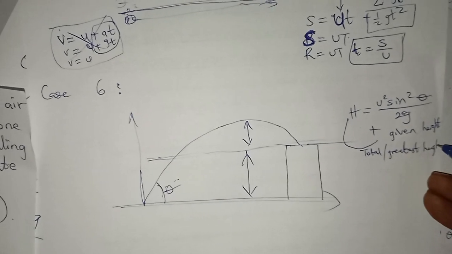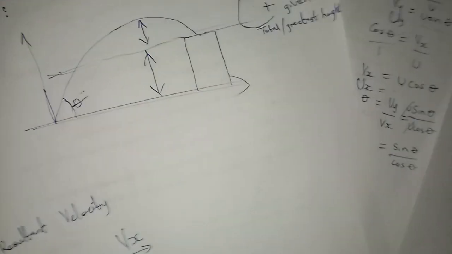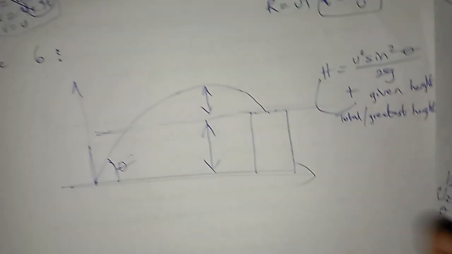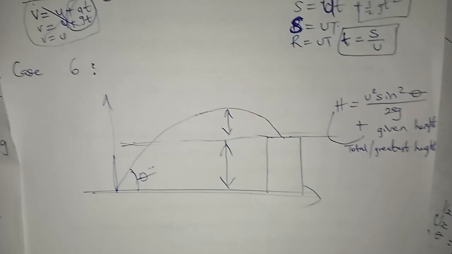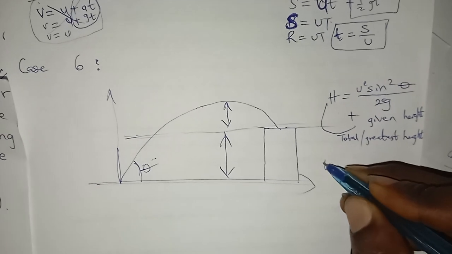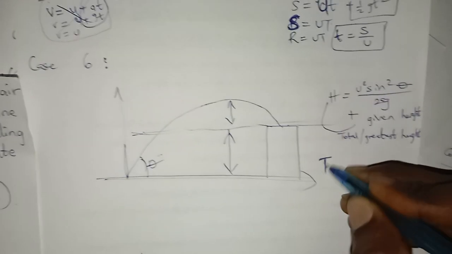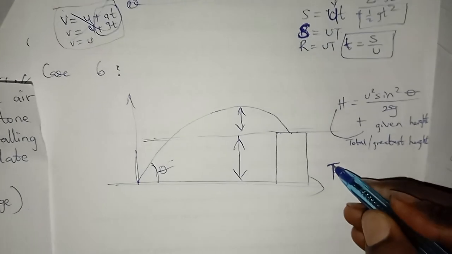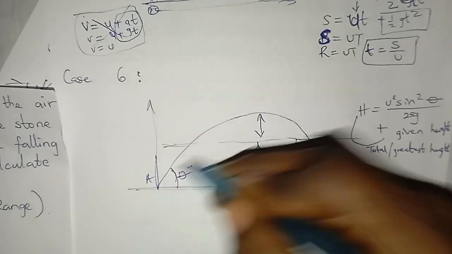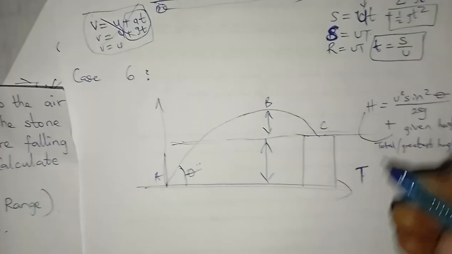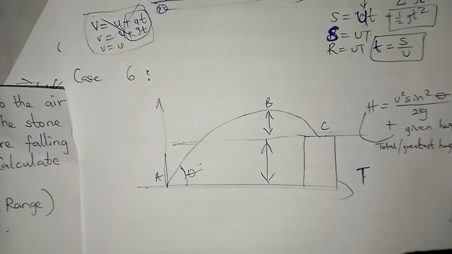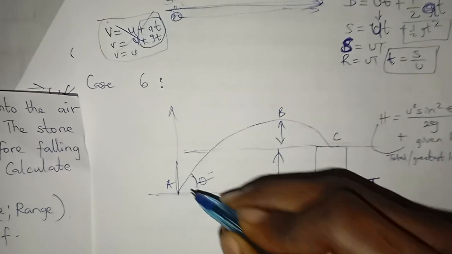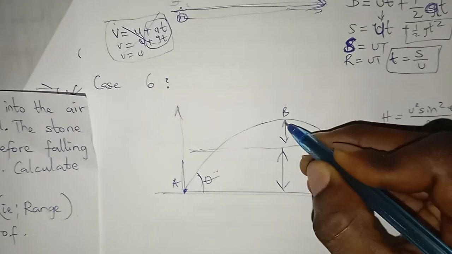If you add it to the given height, you get your total or your greatest height. Now once you get your greatest height, the next thing is to get your total time. Let's say I call this part A, B, C. Your total time is simply going to be, watch, it started here and it reached here.